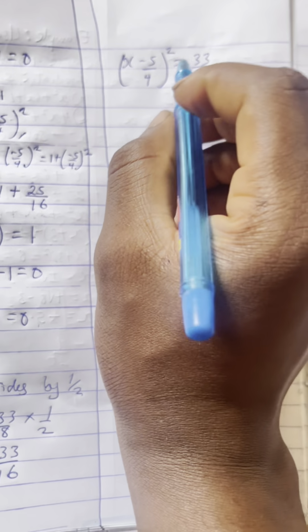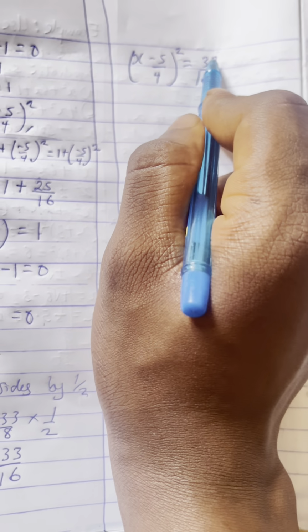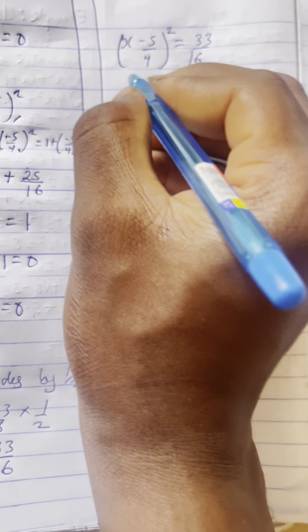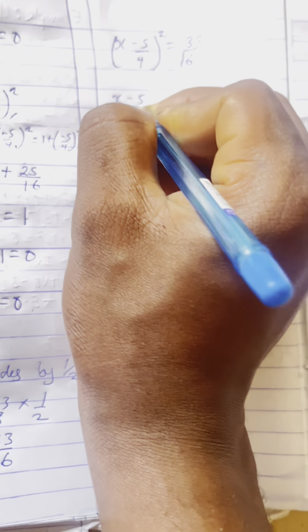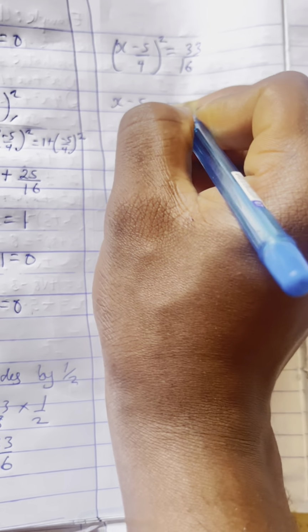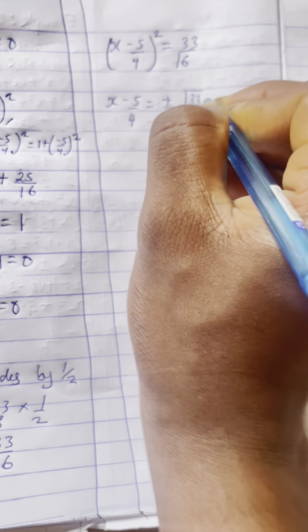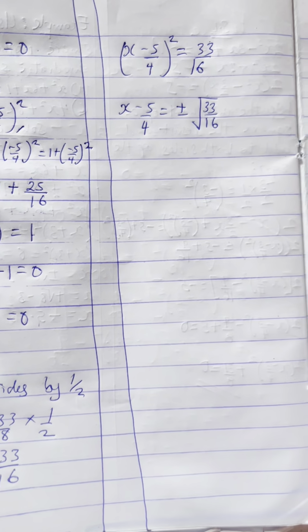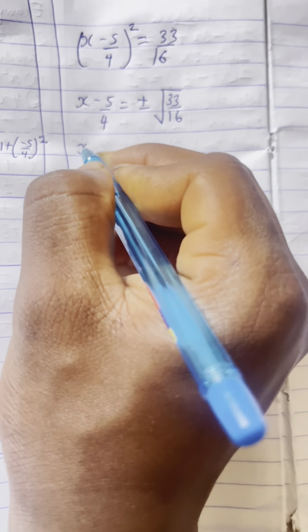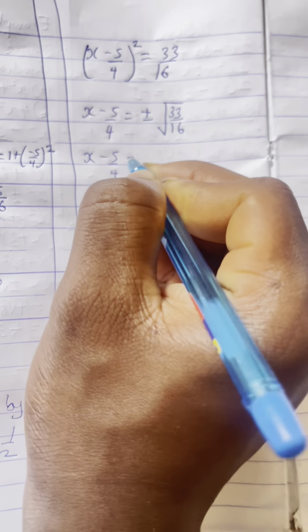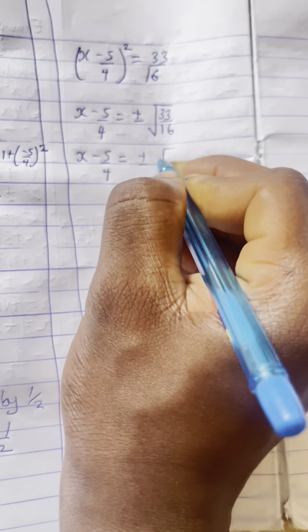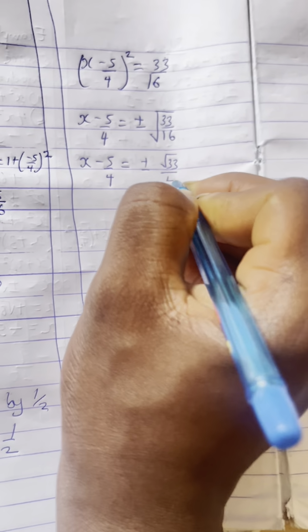So guys, I'm going to bring this square to the other side. Once this square comes to the other side, it turns into square roots. That will be x minus 5 over 4 equals plus or minus square root of 33 over 16. So this will then be x minus 5 over 4 equals plus or minus root 33 over 4.